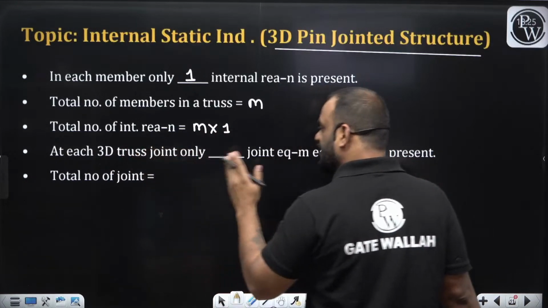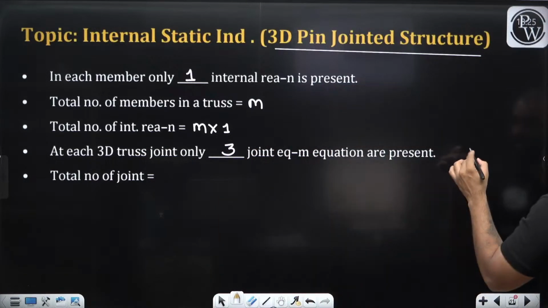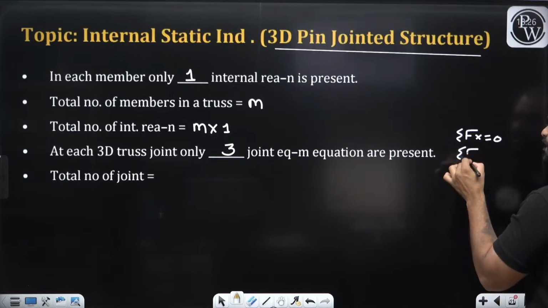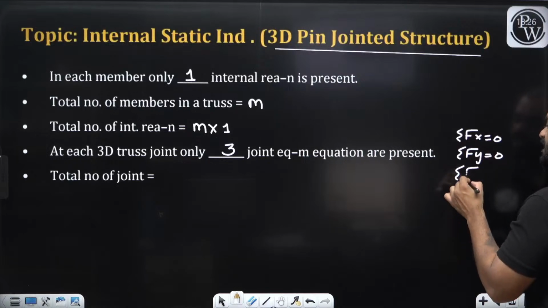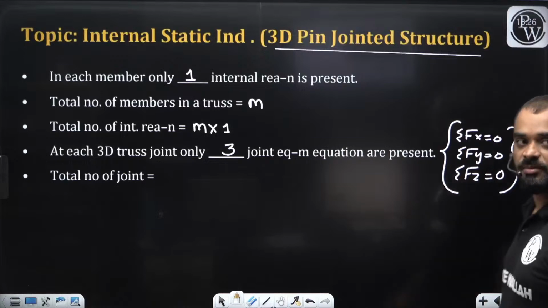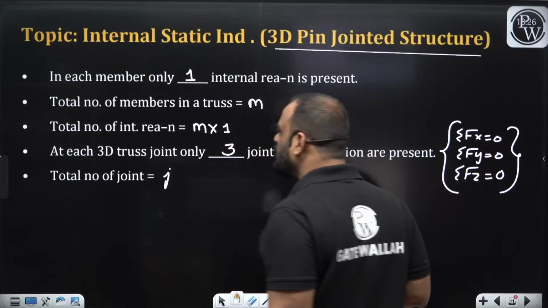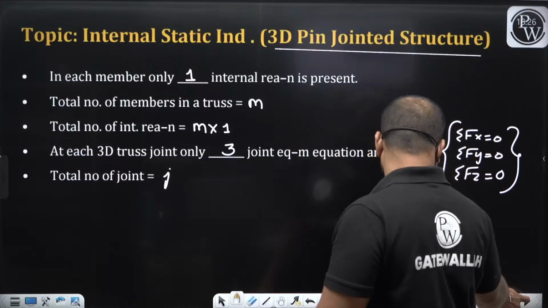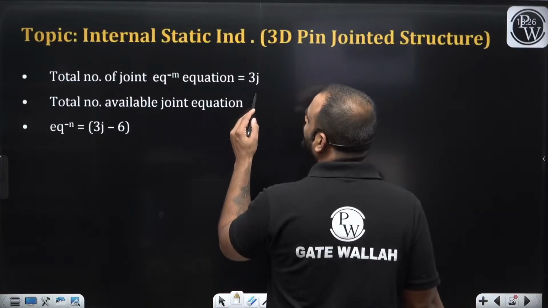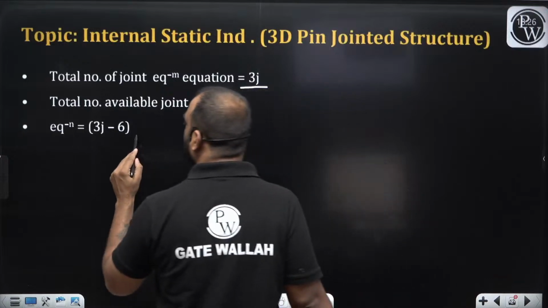At each 3D truss joint, how many joint equilibrium equations do you have? 3. Summation Fx equals 0, summation Fy equals 0, and summation Fz equals 0. These are our joint equilibrium equations. Let the total number of joints be J. So the total number of joint equilibrium equations is 3J, but the total number available is 3J minus 6.